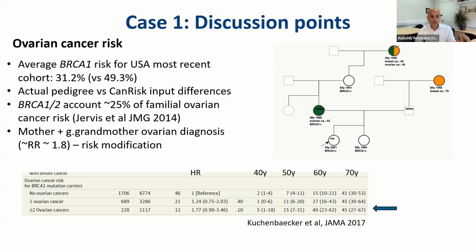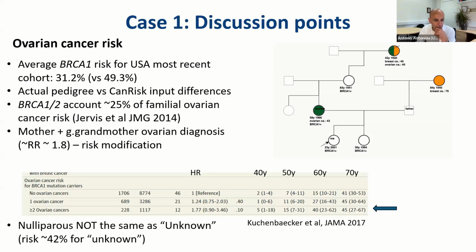So if you look at the bottom line of this table, someone with 2 affected first or second degree relatives has a hazard ratio of around 1.8, and the risks, in fact, are greater compared to not having family history of ovarian cancer. So the 45%, for example, here is in line with what someone gets from CanRisk. So epidemiologically, they make sense.